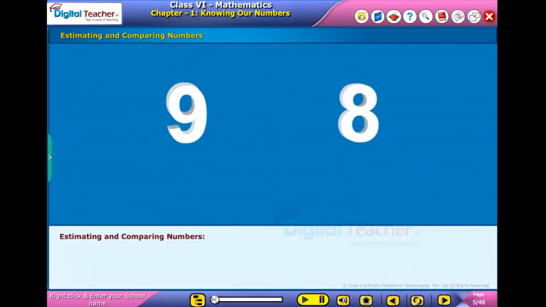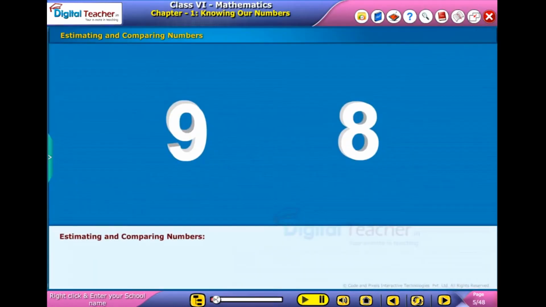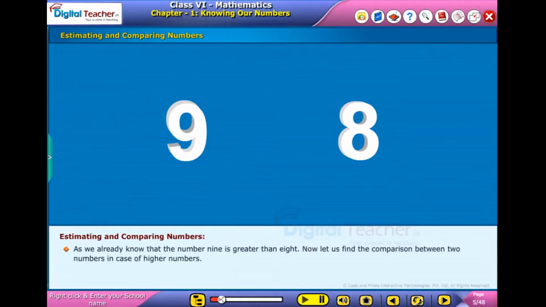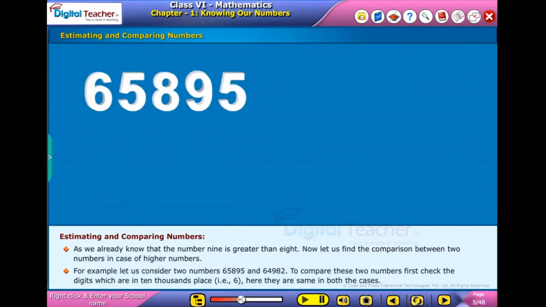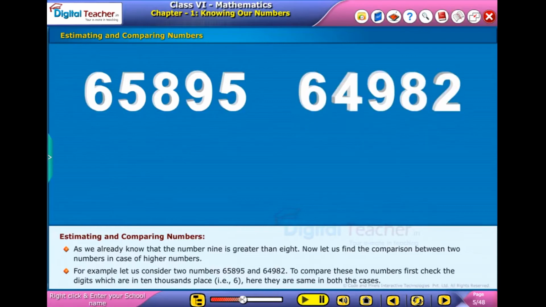Let us know how to estimate and compare numbers. As we already know that the number 9 is greater than 8. Now, let us find the comparison between two numbers in case of higher numbers. For example, let us consider two numbers 65895 and 64982.